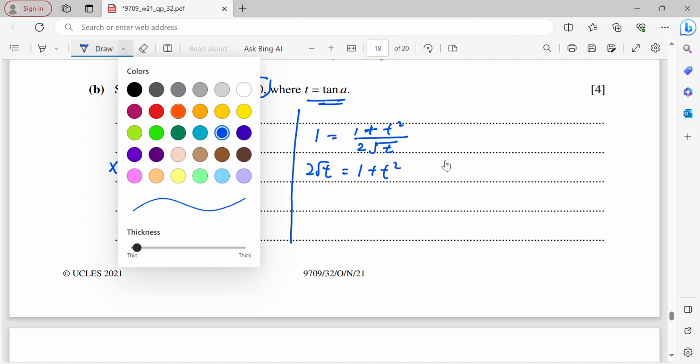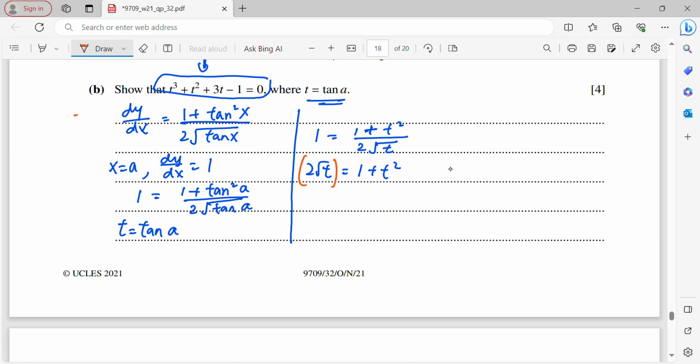Okay, so when I square both sides, left hand side is square of 2, I get 4. Square of square root t will be t. Right hand side I have to do the quadratic expansion. It will be 1 plus 2t squared plus t to the power 4. Then from here, I will get t to the power 4.